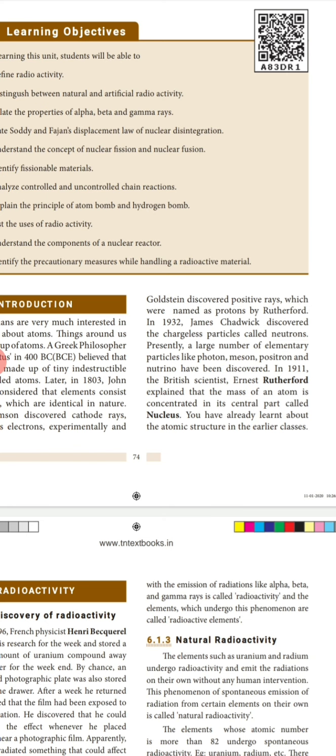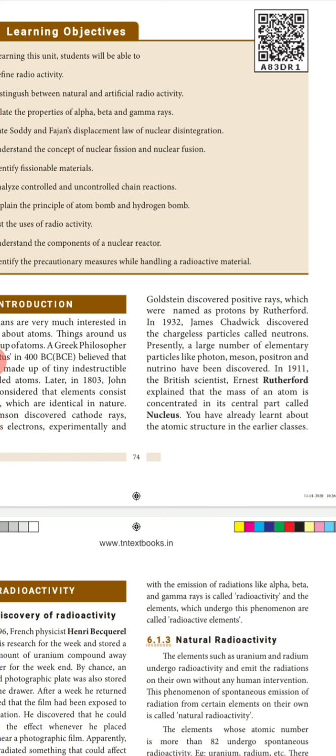Yes. So once again I repeat the introduction. What is that? Everything around us is made up of atoms. Democritus, a philosopher, said matter is made up of atoms. Then Dalton's atomic theory: Dalton told that atoms are identical in nature. Then J.J. Thomson discovered the electron, and Goldstein discovered the proton.